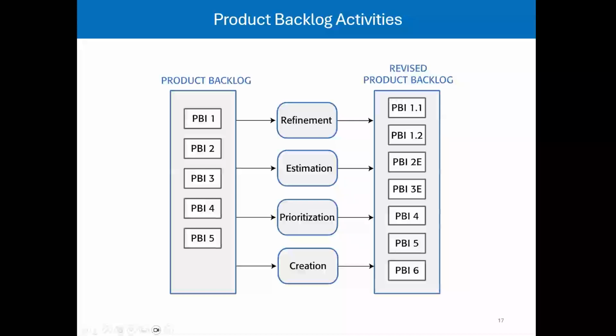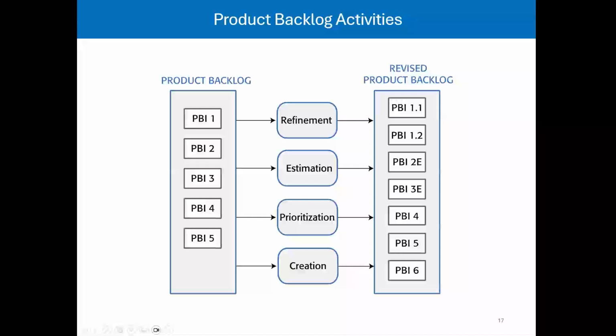After the estimation, it will add effort values to PBIs to help with planning and velocity tracking. So as you see here, PBI 2 just changed to PBI 2E and PBI 3 to 3E, so E as in estimated. And the prioritization reorders items so that the most valuable or urgent tasks rise to the top. So PBI 4 and 5 might stay the same or change in position.